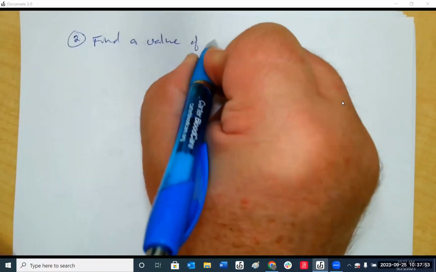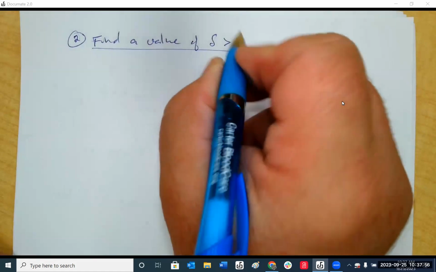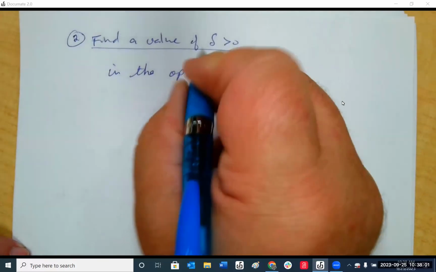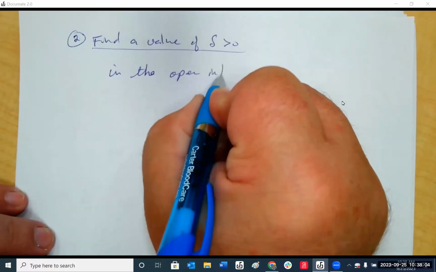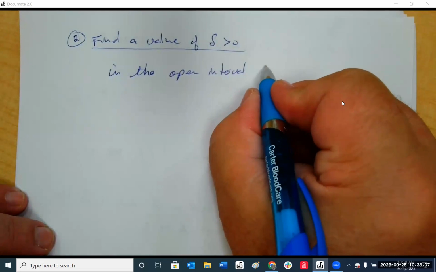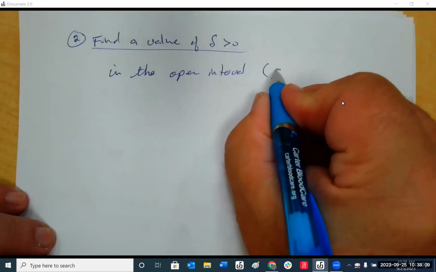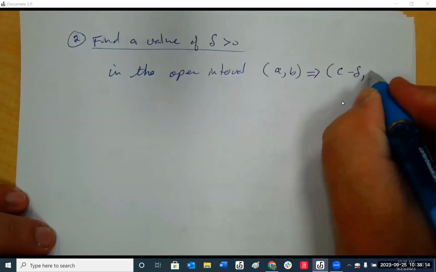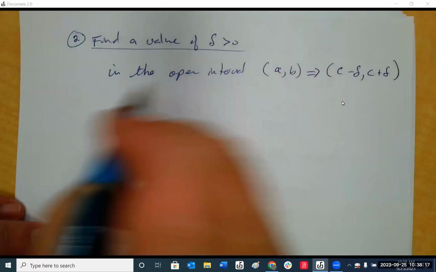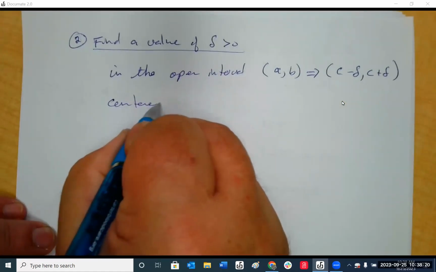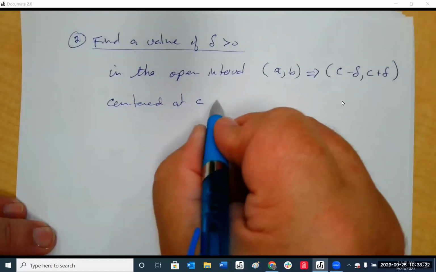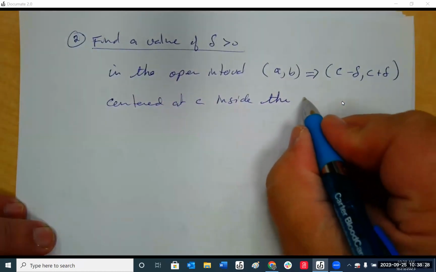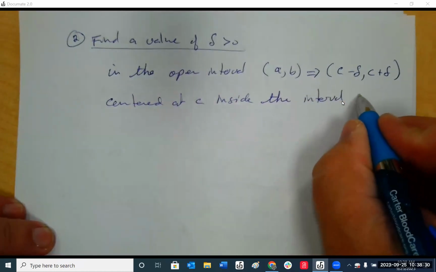Find a value of delta greater than 0 in the open interval, which is (a, b), which is actually (c - delta, c + delta), centered at c, inside the interval (a, b).